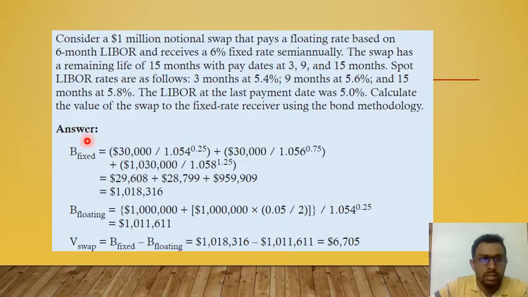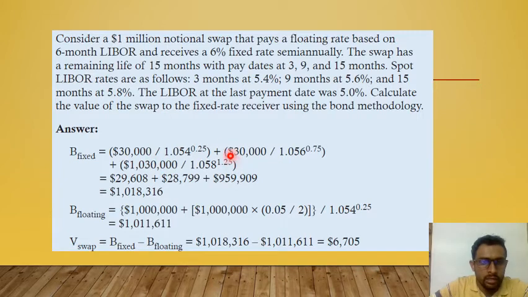The answer is: first we calculate the fixed bond using the standard method that we use for our bond calculation. We take all the cash flows, that is 30,000, which is 1 million times 6% semi-annually, for 3 periods, that is 3 months, 9 months and 15 months, and discount them back using the 3 months, 9 months and 15 months LIBOR rates.